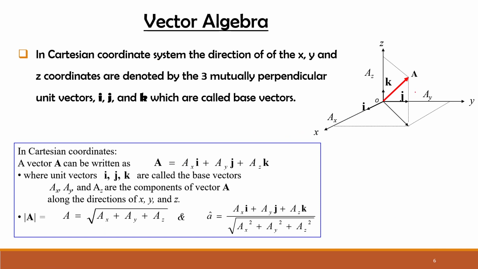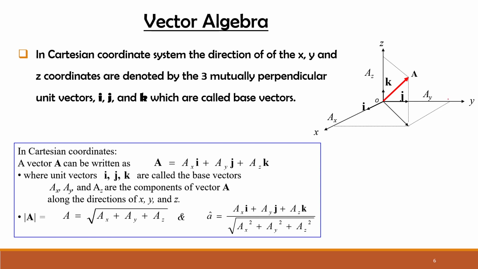Now we look at 3 dimensions. We always use the anti-clockwise direction: X-axis, Y-axis, Z-axis. For the X-axis we have a until here, this is the AX unit. Then you draw a line parallel with your y-axis, and in the y-axis we have the quantity ay.